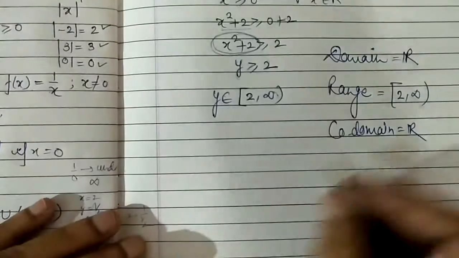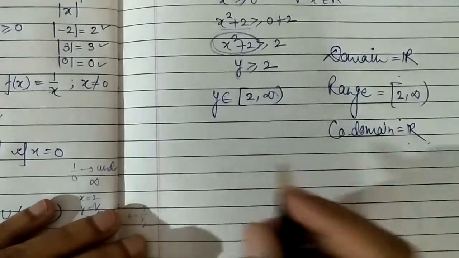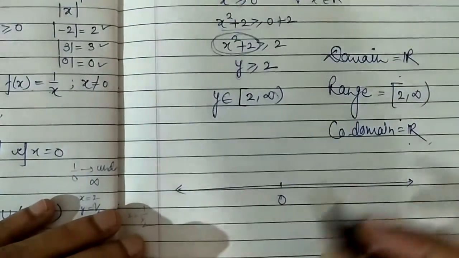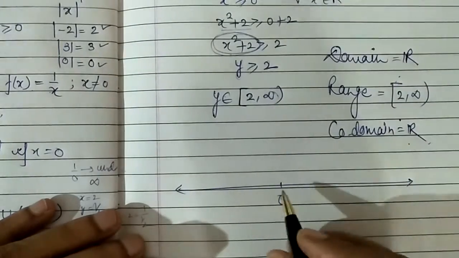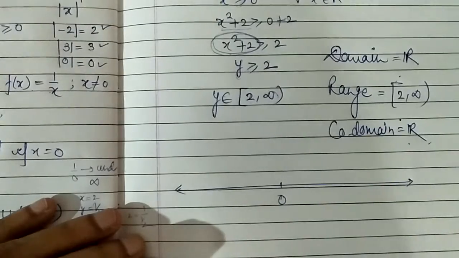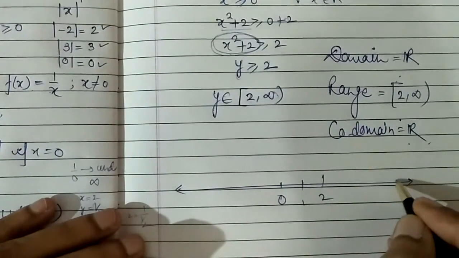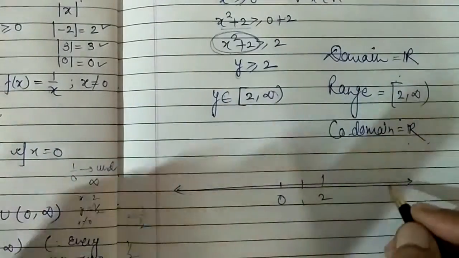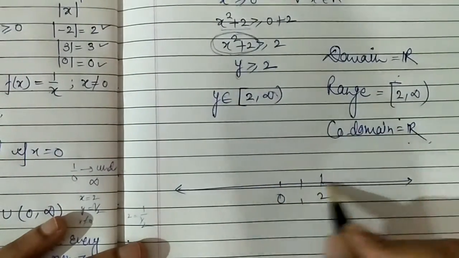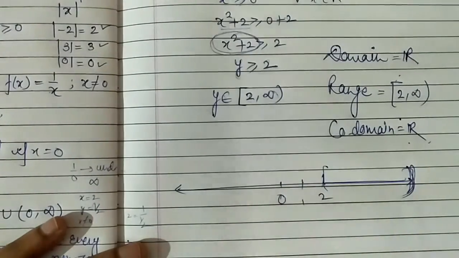So we can see that domain is the real line, range is closed 2 to infinity, codomain is the whole real line. This is the real line, 0. Our range is 2 to infinity. So 2 to infinity is a part of the real line. 1, 2. Real line means collection of all the real numbers. Okay? So 2 to infinity is a part of the real line. This portion, open. So this is the range.